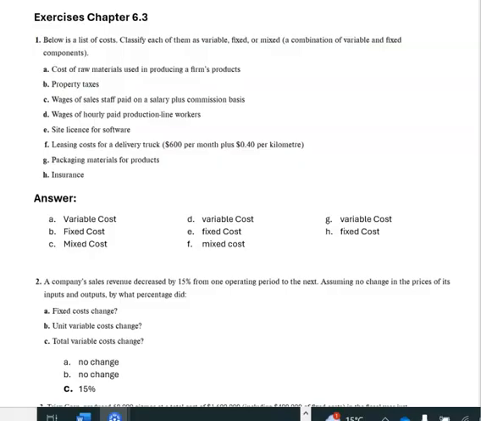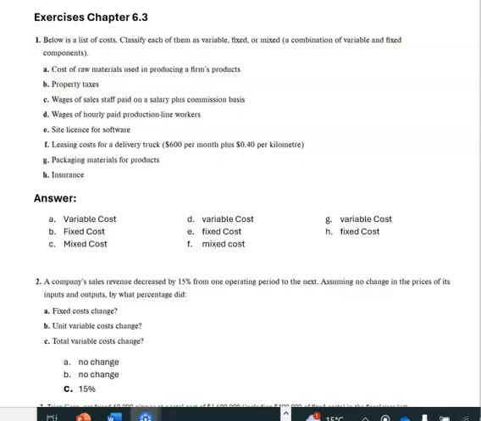Cost of raw material used in producing the firm's product. Definitely variable. If it takes a pound of material to make one, then it's going to take 2 pounds of material to make two. So the costs go up in direct relation to the number of products we sell. Therefore, it's a variable cost.